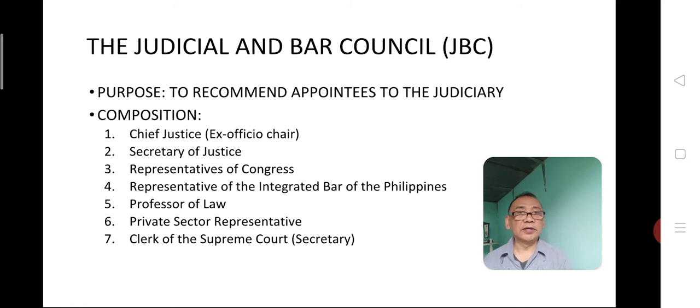Okay, the composition of the JBC: number one is the Chief Justice, the ex officio chair, the Secretary of Justice, a Representative of Congress, the IBP or Integrated Bar of the Philippines, a Professor of Law, a Private Sector Representative, and the Clerk of the Supreme Court. In other words, marami sila na nag-aaral, and they study their appointees or their nominees to the President.